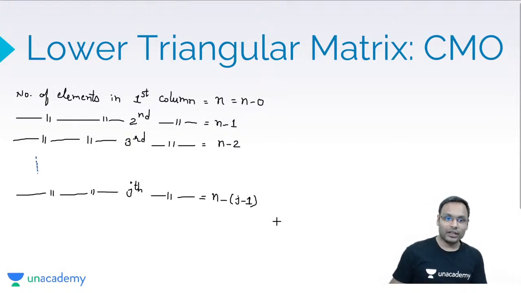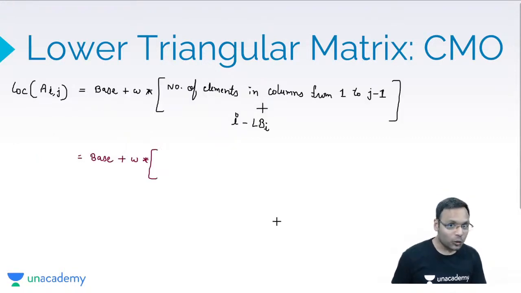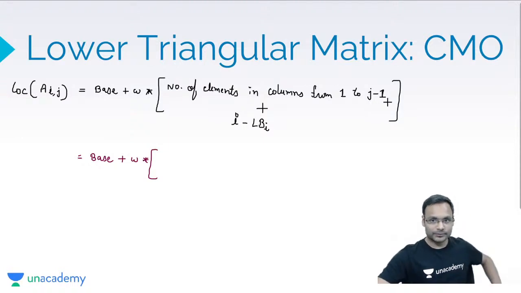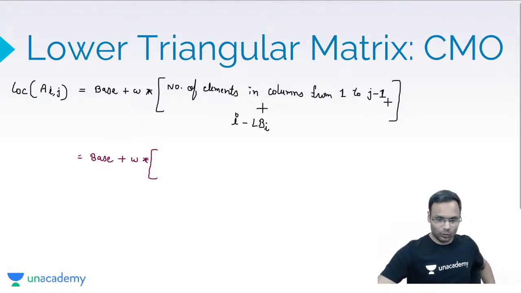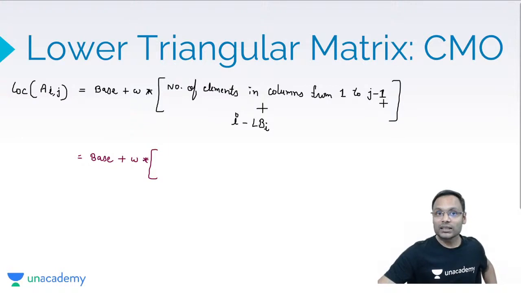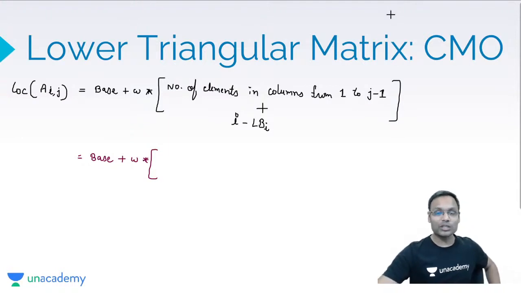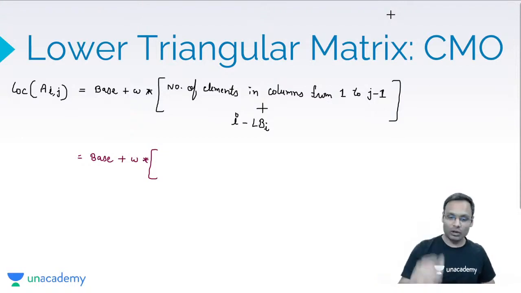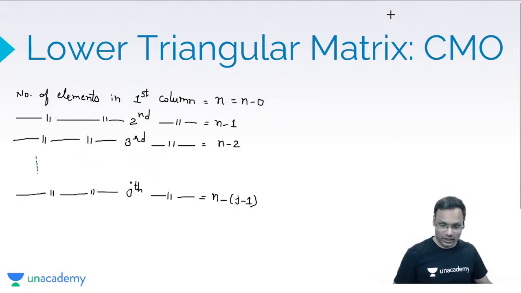But do we require the elements up to jth column or up to j minus 1 column only? कहां तक required है? j minus first column. हाँ जी, ठीक है.